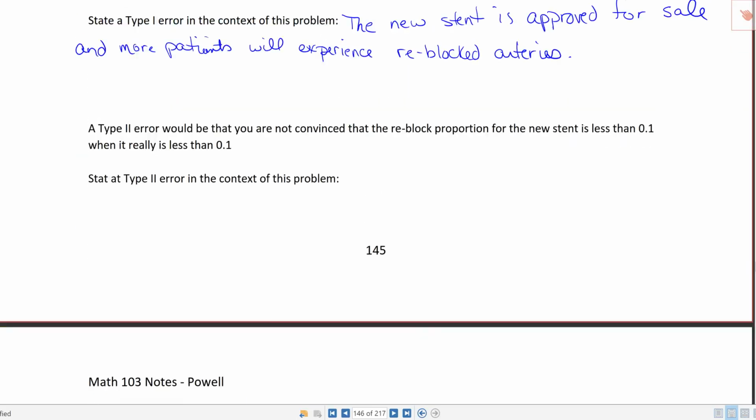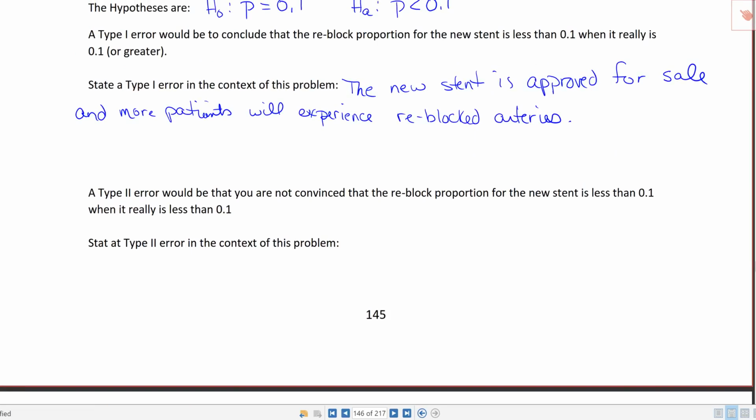Okay. What would a type 2 error in this case mean? Remember that a type 2 error means that you failed to reject a null hypothesis that is false, right? A type 2 error would be that you are not convinced that the reblock proportion for the new stent is less than 0.1 when it really is less than 0.1. So what would happen as a consequence of making this error in context of the problem?